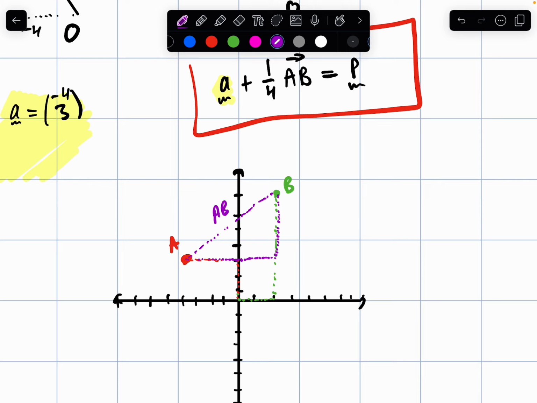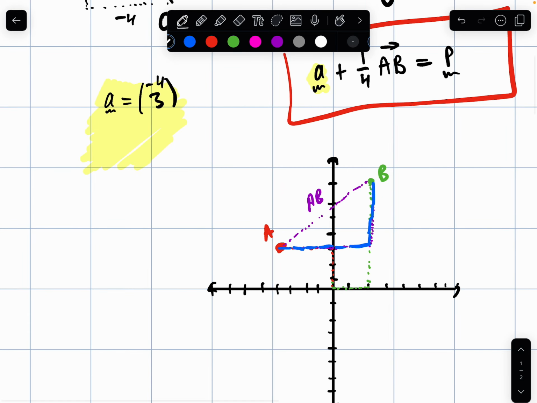So instead of doing any working out, we can simplify it by just counting, since we've drawn this diagram. So it goes 1, 2, 3, 4, 5, 6 sideways, and it goes 1, 2, 3, 4 up. So AB must be 6, 4.